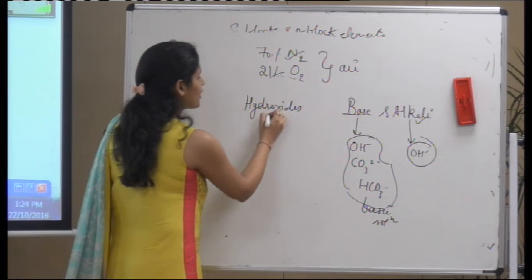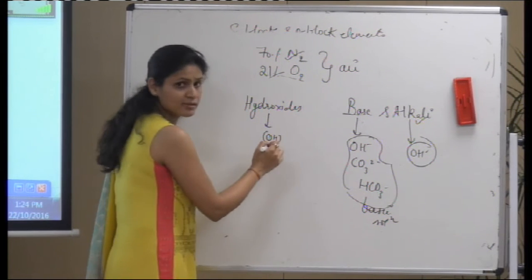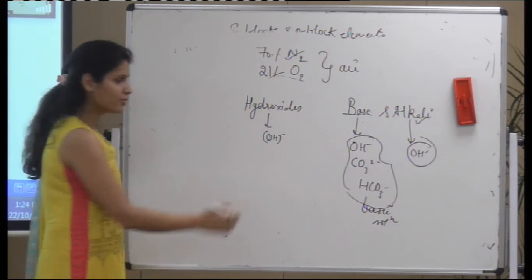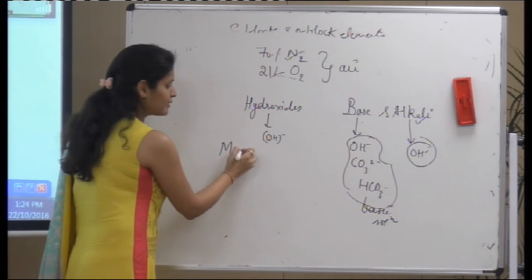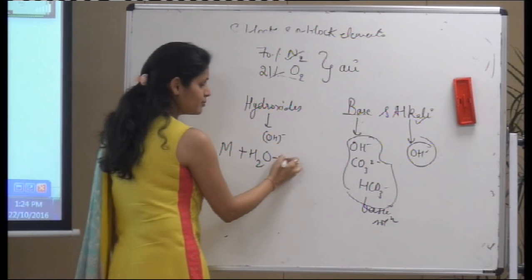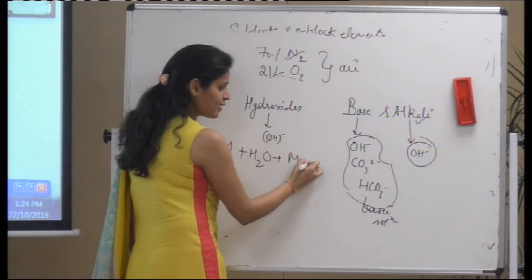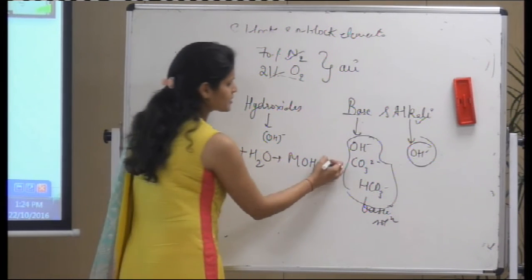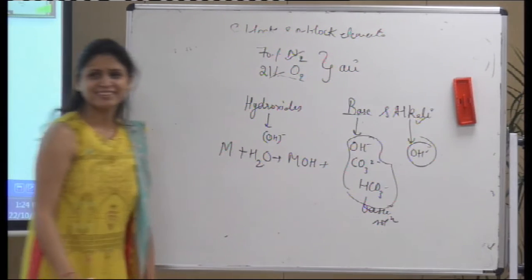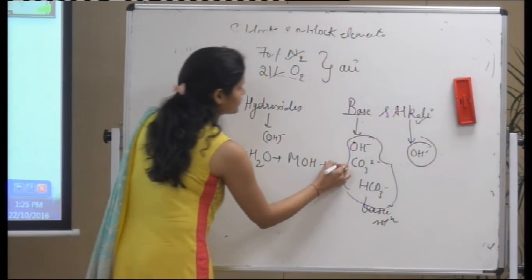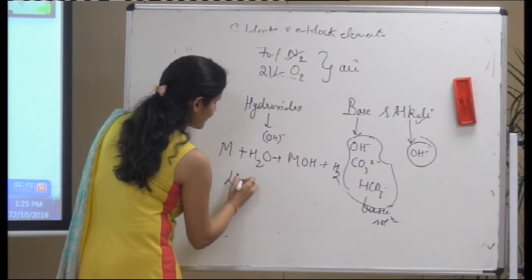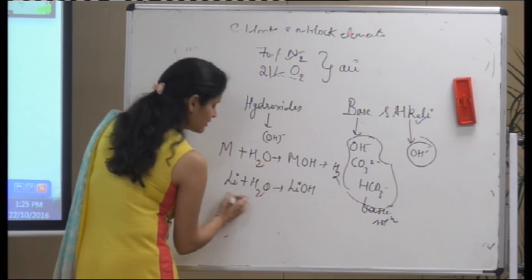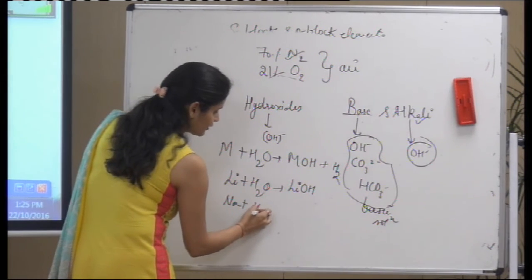What are hydroxides? Having OH minus ion. Alkali metals can react with water to form hydroxide, having the formula MOH plus H2. Lithium reacts with water to give lithium hydroxide, similarly sodium reacts with water to give sodium hydroxide.